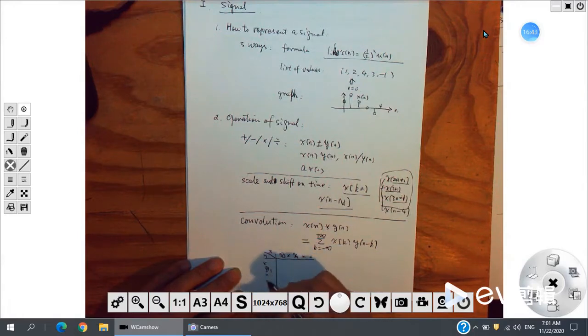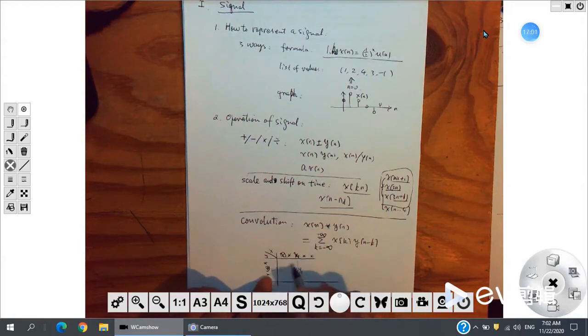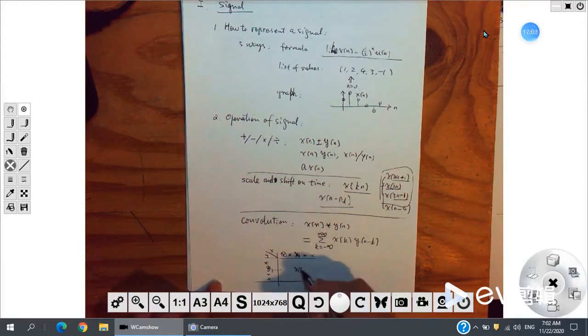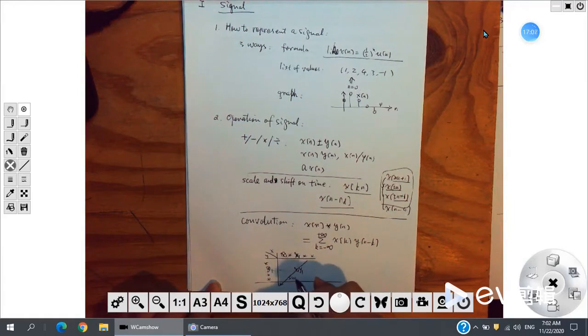You have several y's, and then you multiply them together, element by element. After you multiply all the elements, like this one times this one, and put the results in this area, you do the summation. You sum them together, and you have some value here.